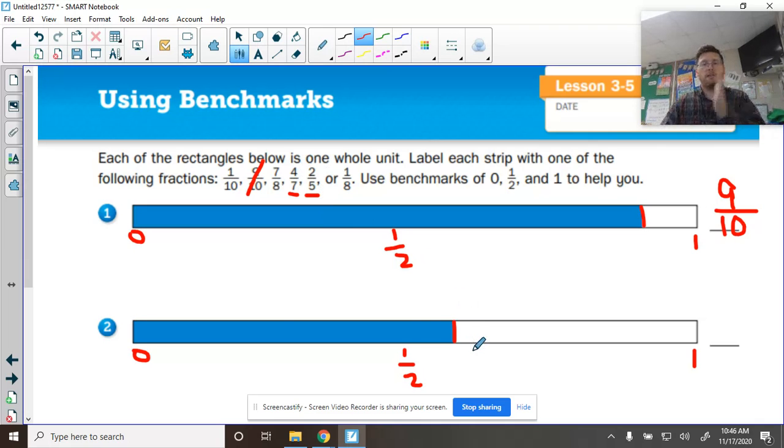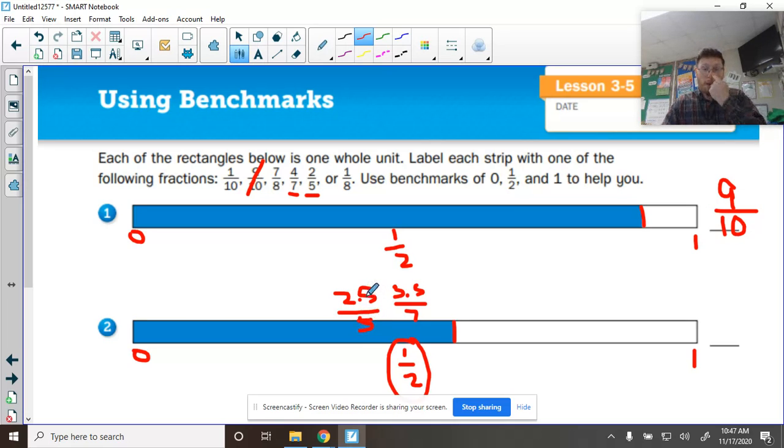Now, which side of this half is that line on? It's closer to the one whole, right? So we are looking for a fraction that is closer to one whole based on the halfway mark. 3.5 out of 7 would be half, and half for 5 would be 2.5 out of 5.